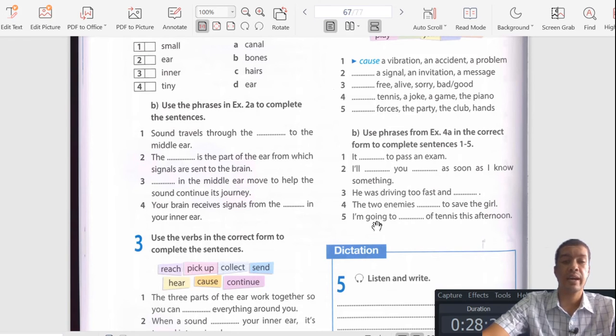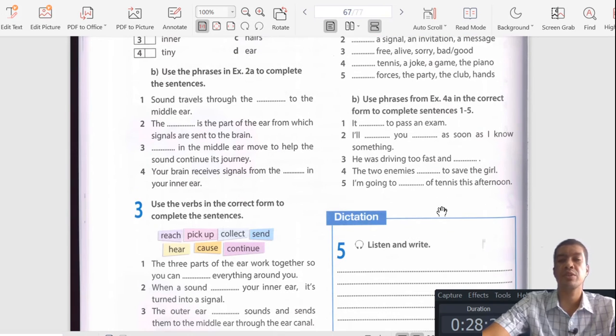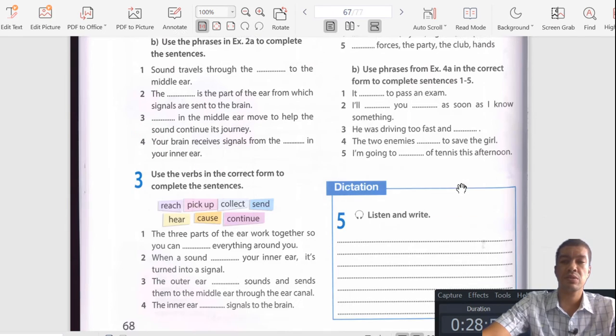And lastly, I am going to of tennis this afternoon, and the correct word is play. We cannot use the word play as is. We need to use it grammatically and form grammatically correct sentences.